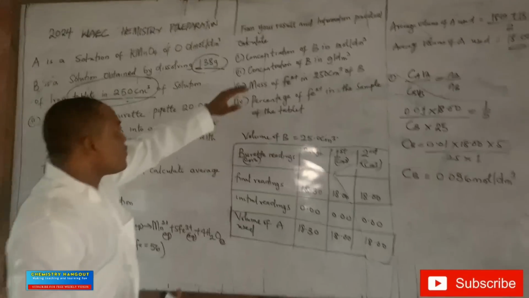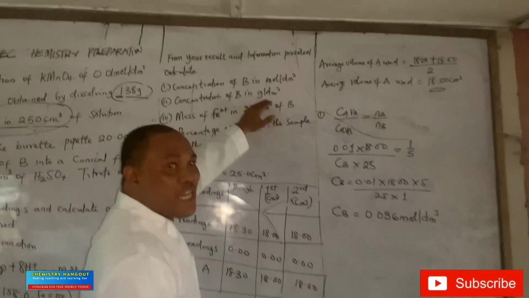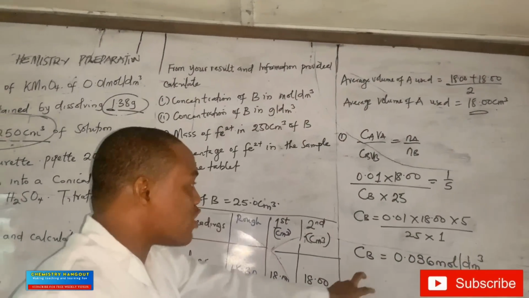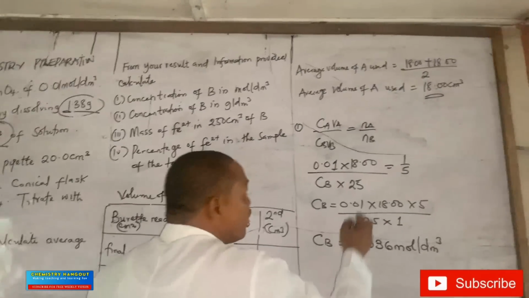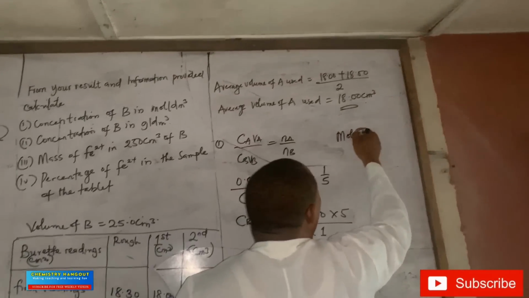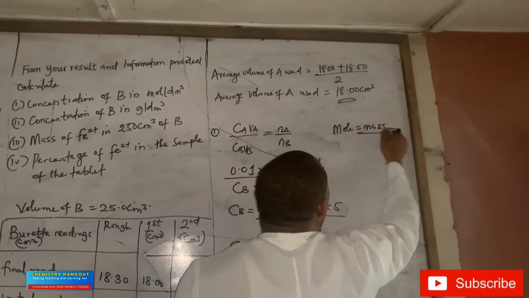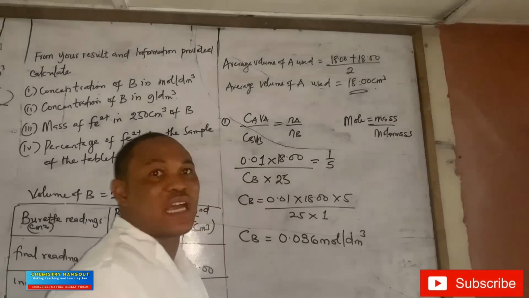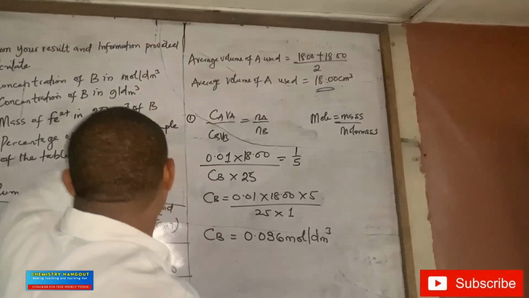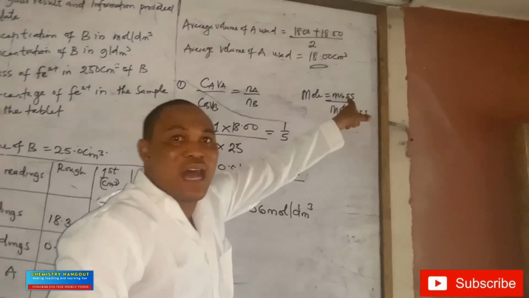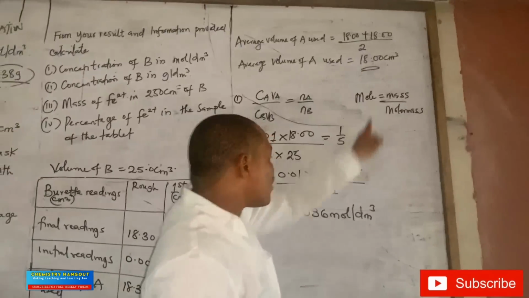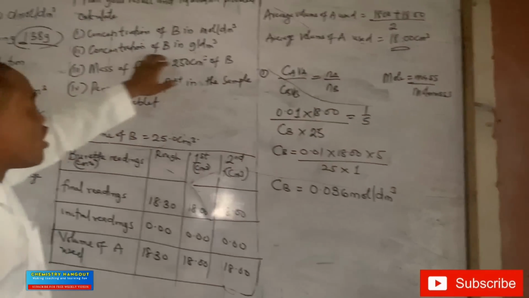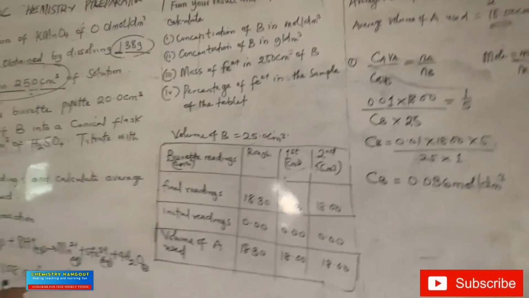Let's move on. Concentration of B in gram per dm cube. Guys, see that we found the concentration of B in mole per dm cube. What is the concentration of B in gram per dm cube? If you are familiar with this channel, you will know this formula, which we have used again and again, very important in titration. We are looking for the mass concentration. We have gotten the mole concentration. Don't forget, we are talking about the concentration of B, which is iron itself, and the molar mass is given already here.